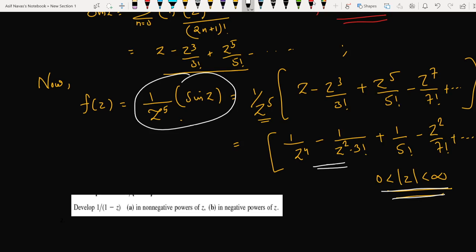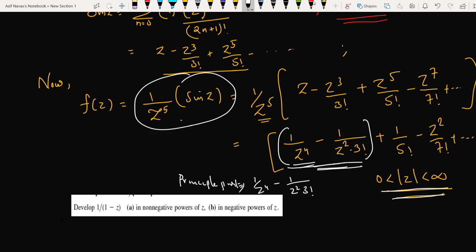Okay, so what is the principal part here? Principal part means the part with negative powers of z, that is, z in the denominator. Here the principal part in this expansion is only 1 by z raised to 4 minus 1 by z square 3 factorial.